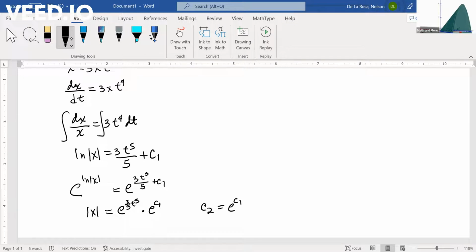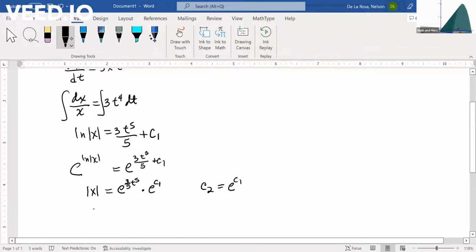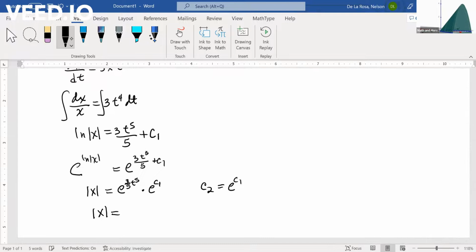Remember that e to c1 is a constant itself. So now our solution is going to be absolute value of x equals c2 e to 3 over 5 t to the 5th.